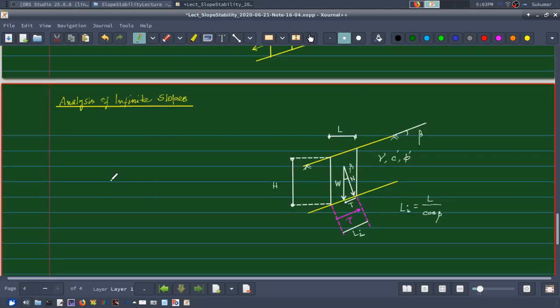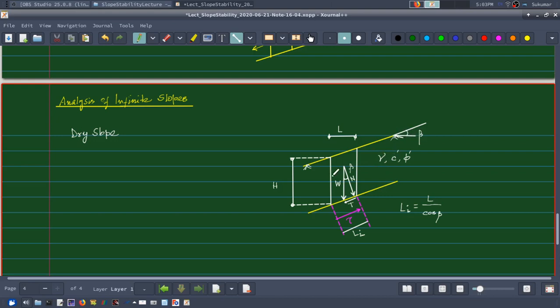So let us go on to analyze an infinite slope. First case, we are considering a dry slope, without any pore water pressure, and we are assuming that the slope angle is beta with the horizontal. So this angle is beta.